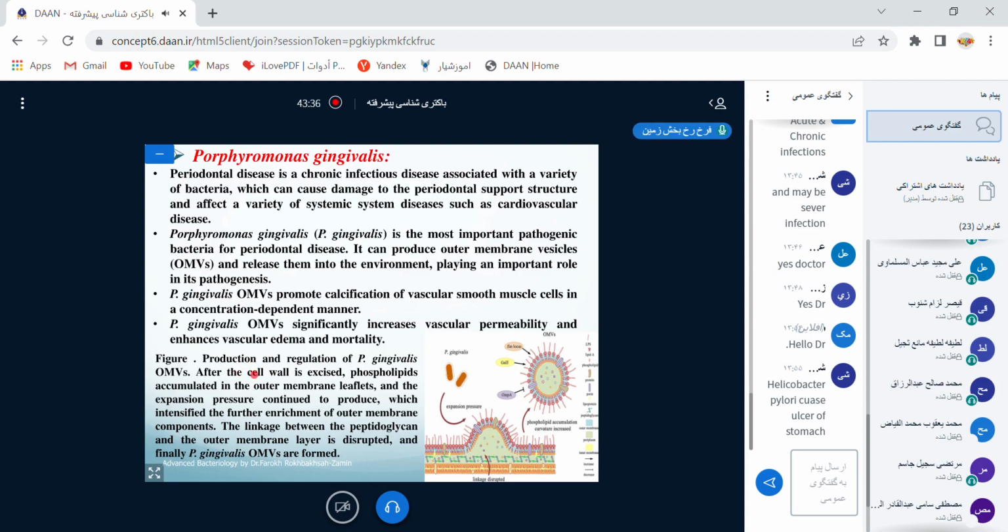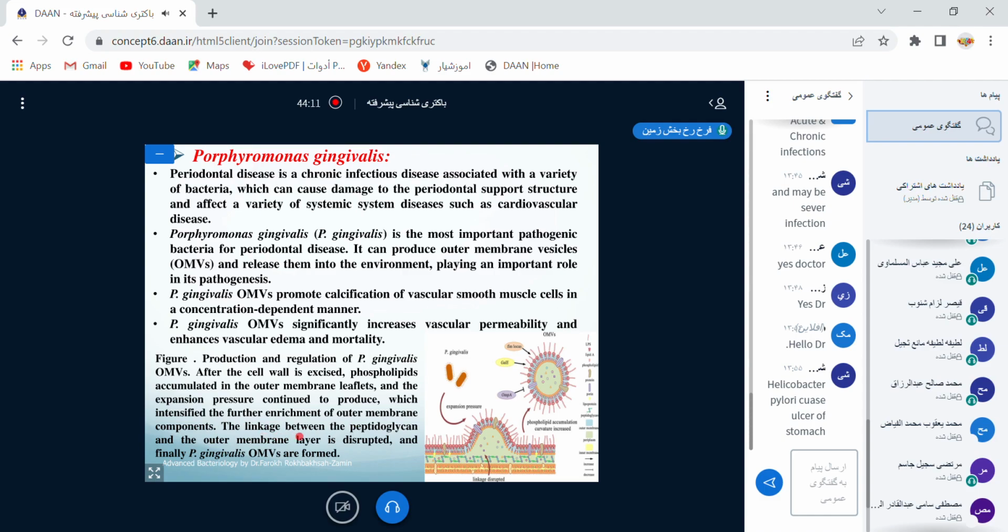In this figure, we can see production and regulation of OMVs of this bacterium. After the cell wall exists, phospholipids accumulate in the outer membrane leaflets, and the expansion pressure continues to build, which intensifies the further enrichment of outer membrane components.